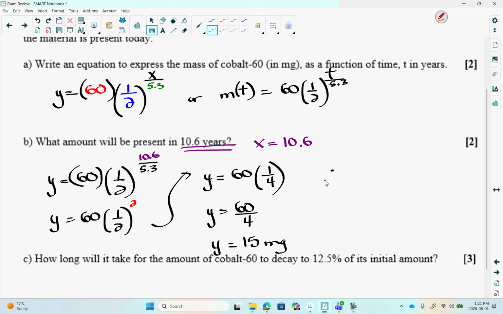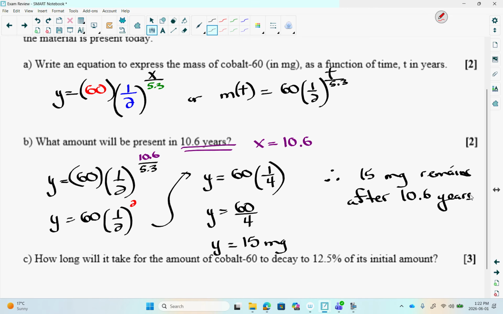And I would say 15 milligrams remains after 10.6 years. Cool? So it goes from 60 to 30 to 15 to 7.5 and so on.